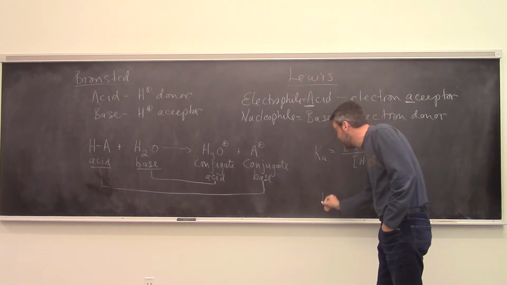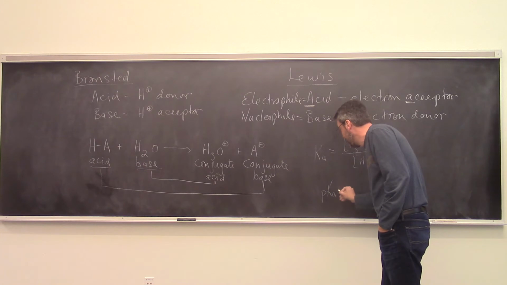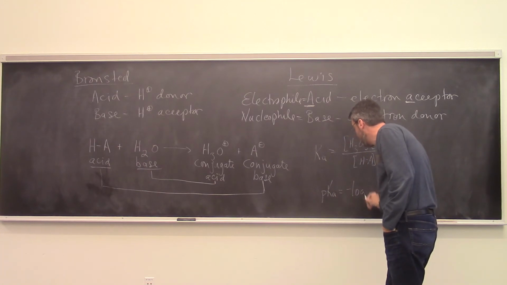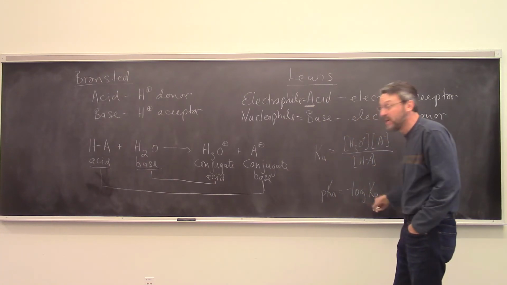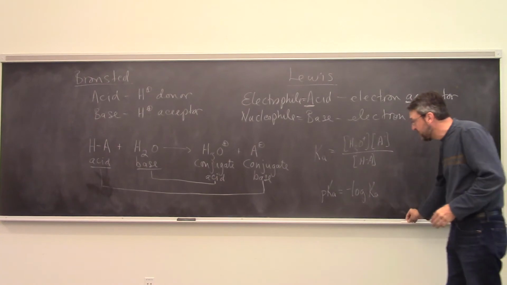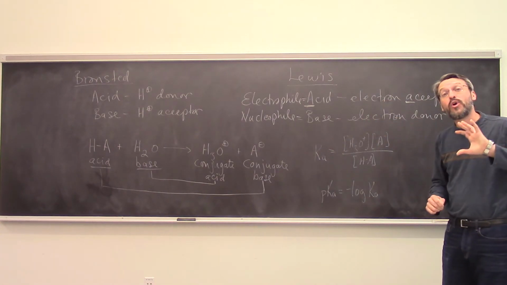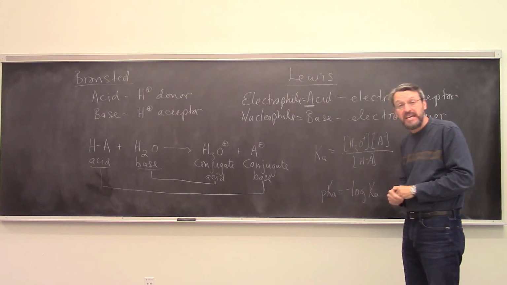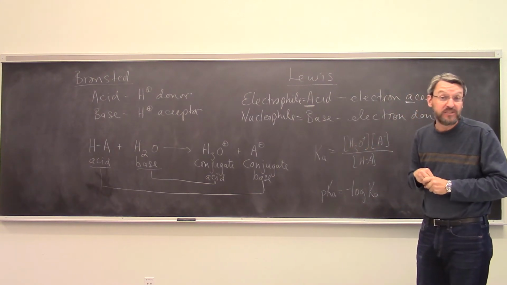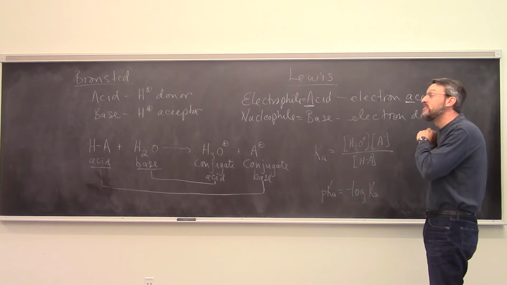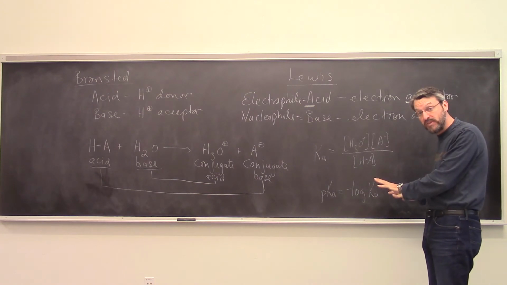And then likewise, the pKa is going to be minus the log of the Ka value, that's here. Okay? So this is just a little bit about how you would talk about them numerically. Again, we're going to use Ka and pKa just to try to understand strength of acid and base, but we are not going to do any calculations with them.